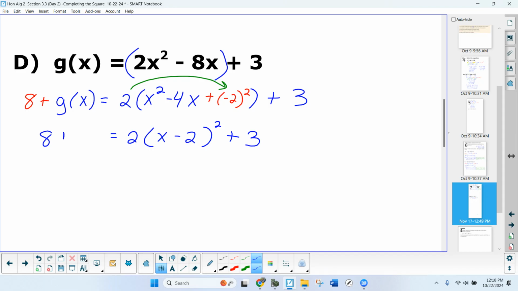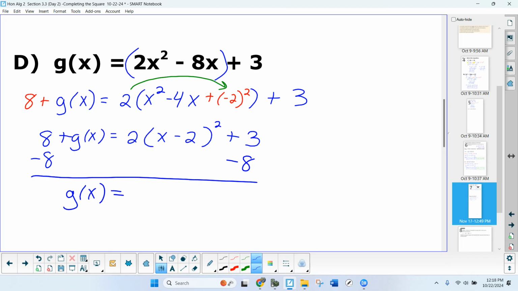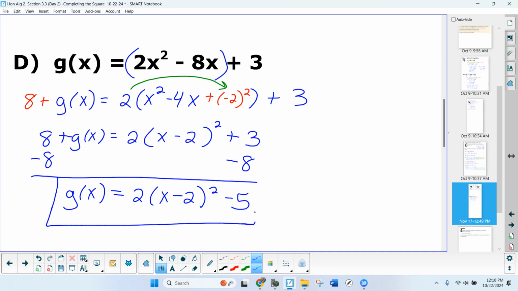Okay, and then what'd you do to get the 8 out of the way here? Subtracted 8 from 3. And what'd you get? G of x equals 2 times x minus 2 squared minus 5. Okay. How'd you guys do? Really good. What'd you mess up on? I did negative 4 instead of negative 2 squared.